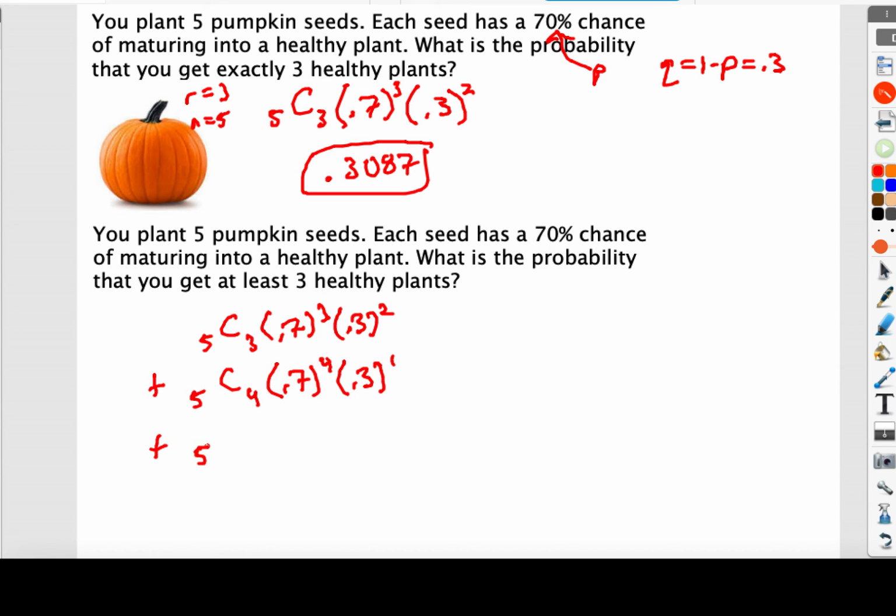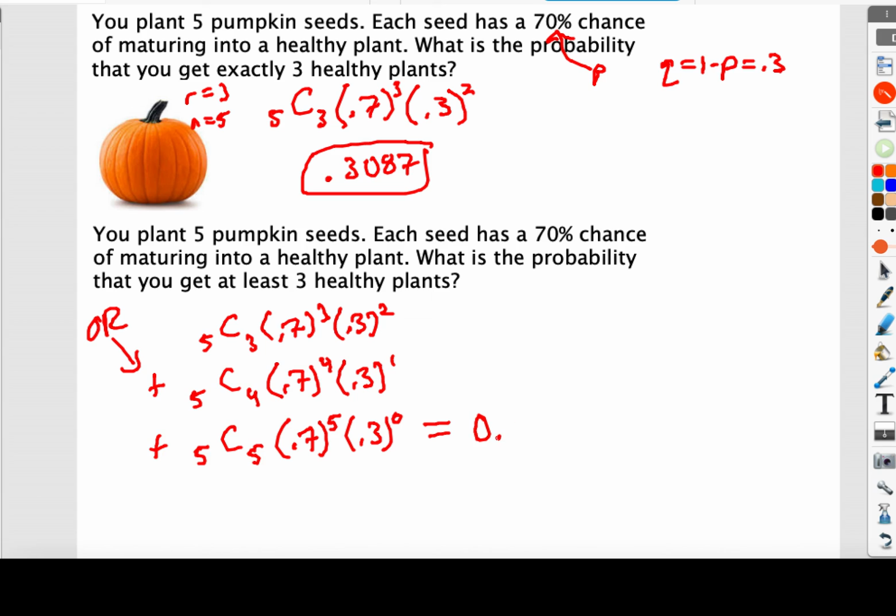Or maybe we get all 5 successful plants. Then we've got at least 3. That's a good thing. And you have to find all 3 of those separately: 3 successes and 2 failures, or, and or means add, 4 successes and 1 failure, or 5 successes and no failures.